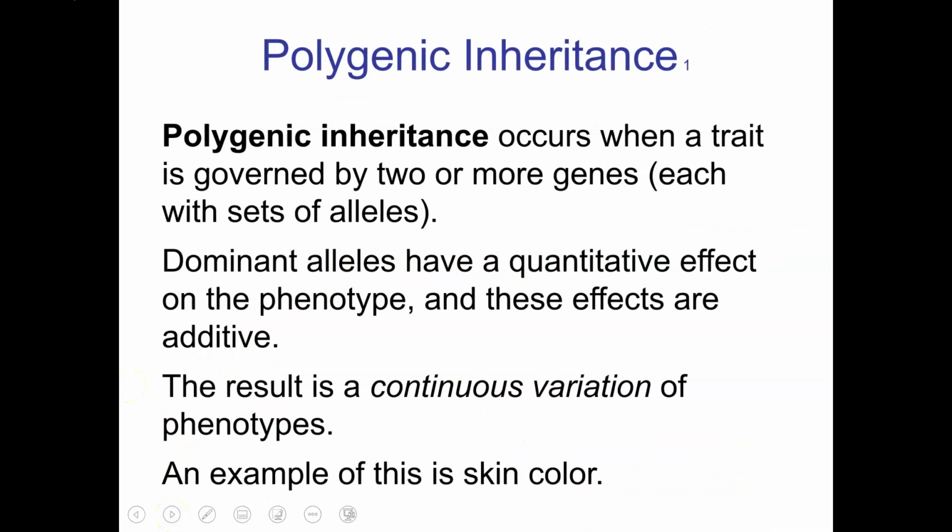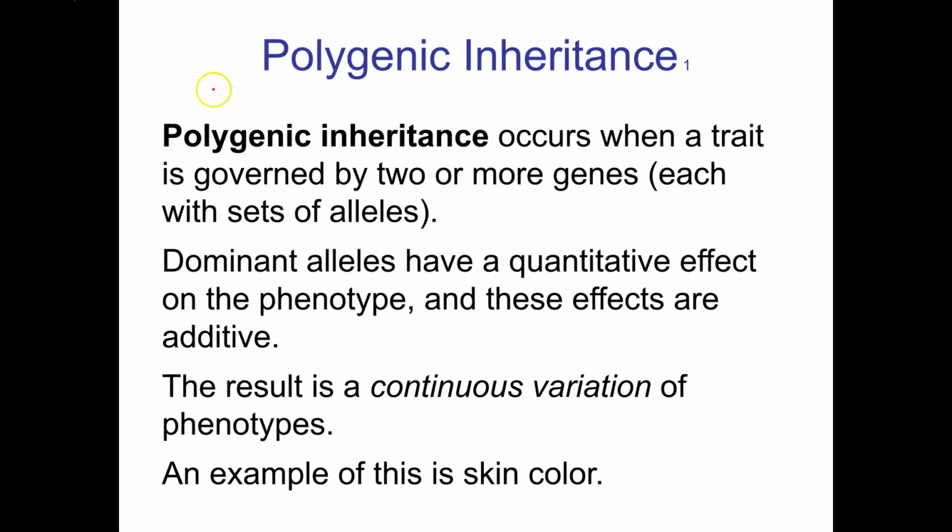So then we have polygenic inheritance. Polygenic inheritance occurs when a trait is governed by 2 or more genes. They each have their own sets of alleles. So if you have dominant characteristics, they are going to be quantitative, or they add up.